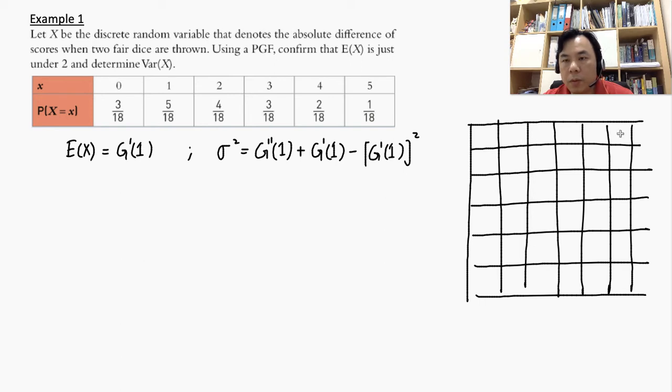Three, four, five, six. Now let's look at how we actually obtain all these differences.